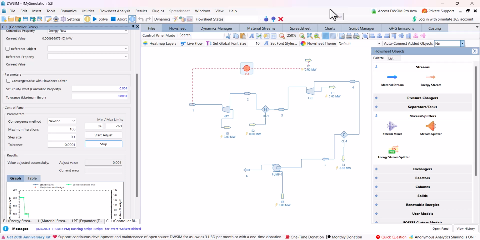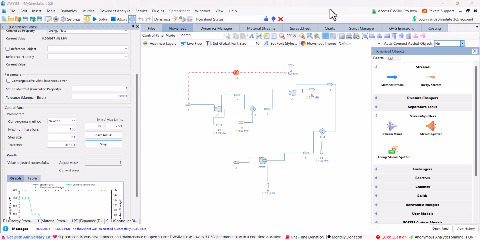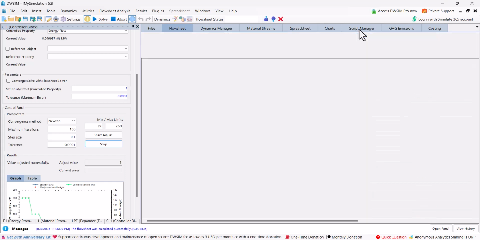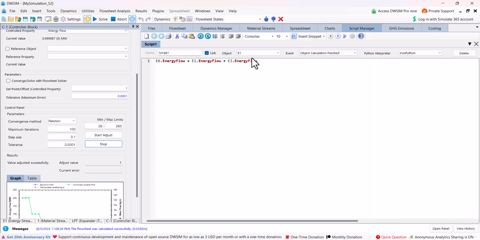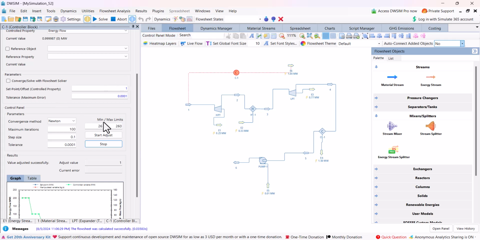It is not working. So I guess from script manager you just use any object, E1, and then event object calculation finished, and go back to the flow sheet. And again, I think I missed, I need to press enter after writing 200 and then start adjust.